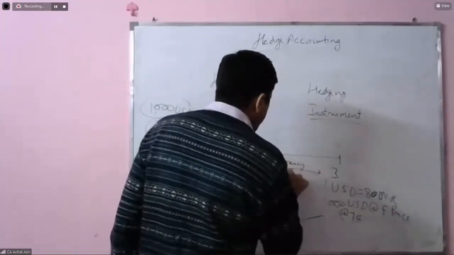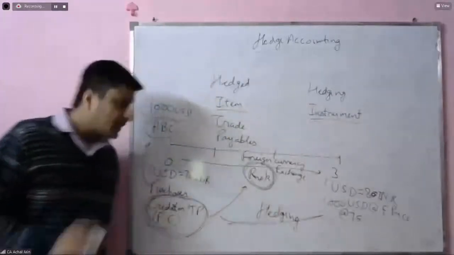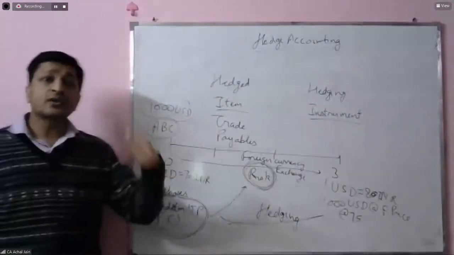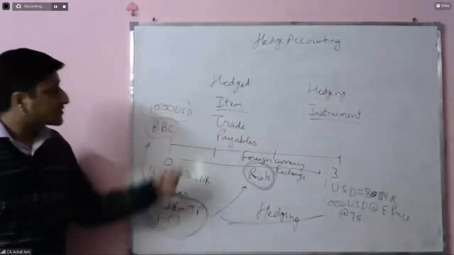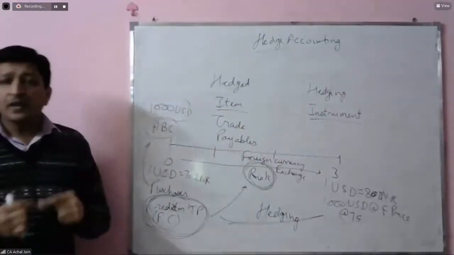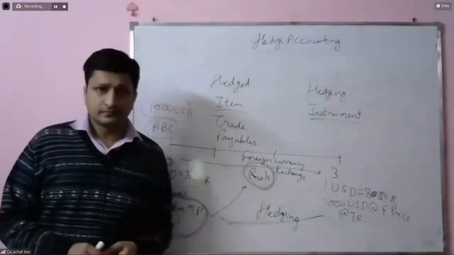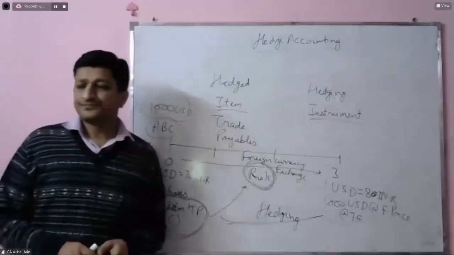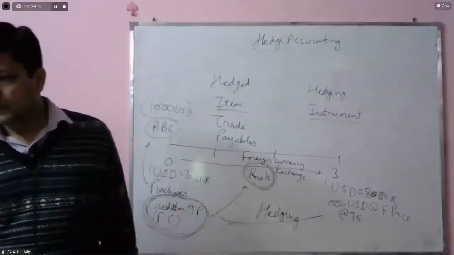Foreign currency exchange risk. Definitely, but that's the risk. That's not the item. What's the item which is exposed to this risk? Trade payable. So trade payable will therefore become the hedged item. Clear?